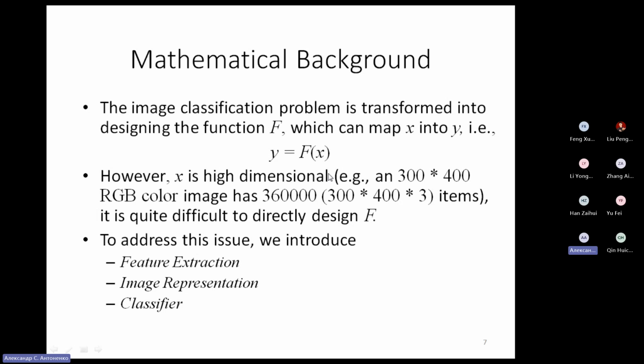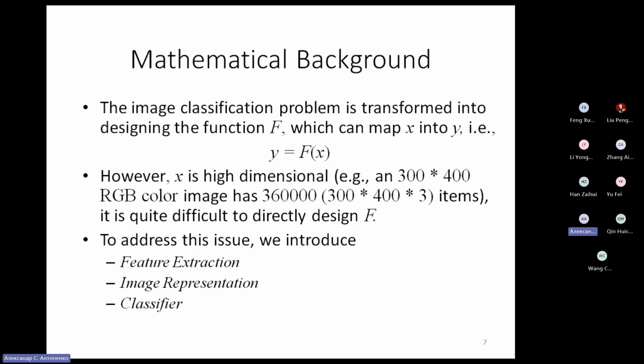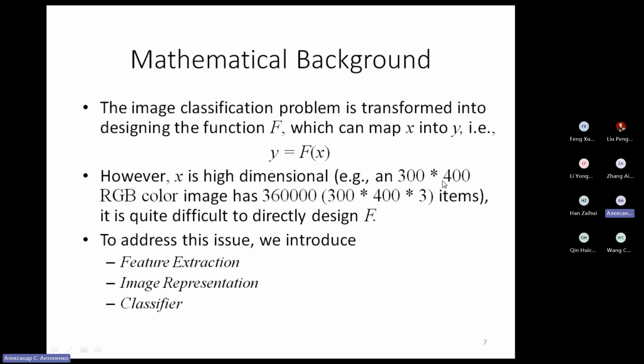But the image can be high dimensional. Actually, we run classification on not such very big images, but even if the image is not very big, for example, 300 by 400, then if it's a color image, we have 360,000 items, because we have 300 by 400 by 3 channels.